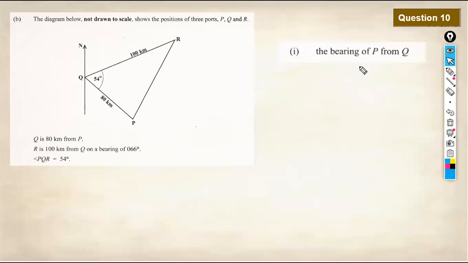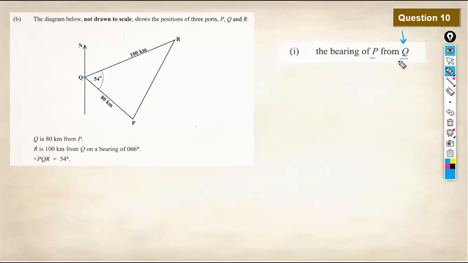They want to know the bearing of P from Q. From that sentence, where are we standing? At point P or point Q? At point Q. So we are standing at point Q. You just know, it's always after the word from.